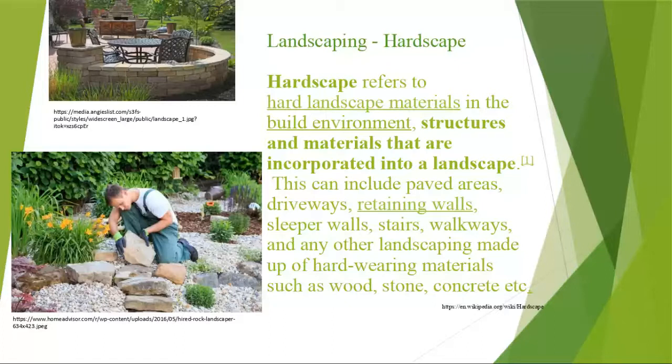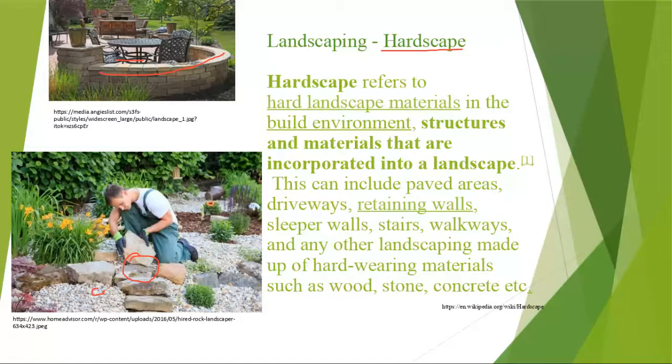The hardscape includes everything that is not the softscape. So you have the gravel, you have the rock area here in this bottom left photo. The top photo up here, you have this retaining wall, the patio, including this fireplace back here.